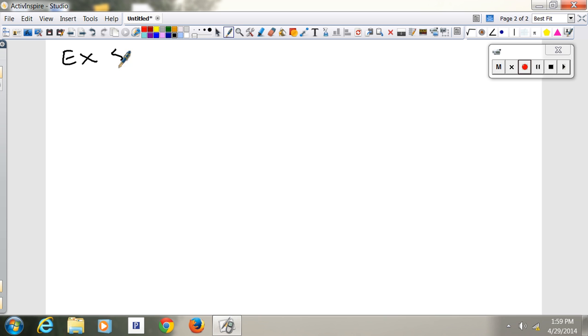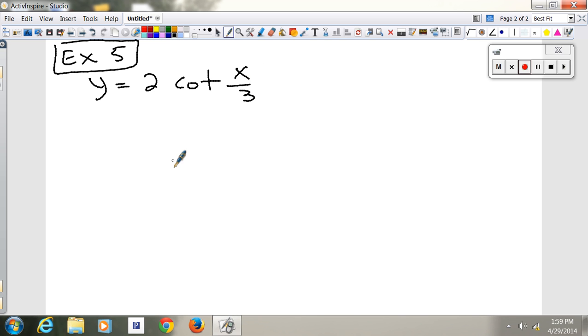Example 5. We're going to do y equals 2 cotangent of x over 3. Okay, so this is a cotangent graph.